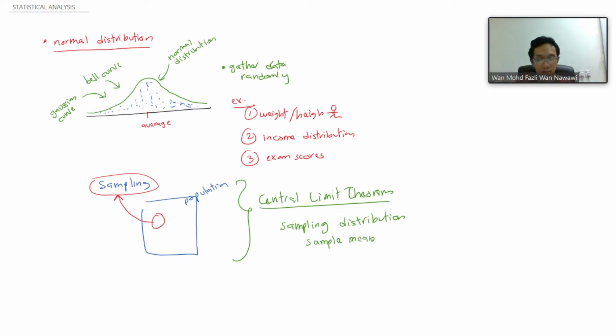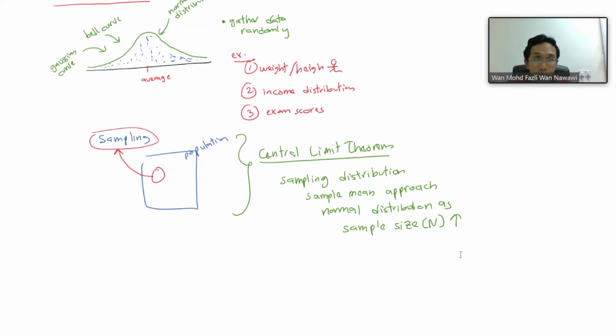When you sample data, you divide by the number of the size, so you get the average. So the sampling distribution of the sample mean will approach the normal distribution as the sample size n gets bigger.